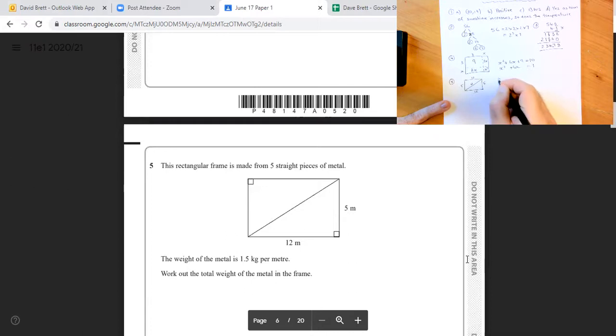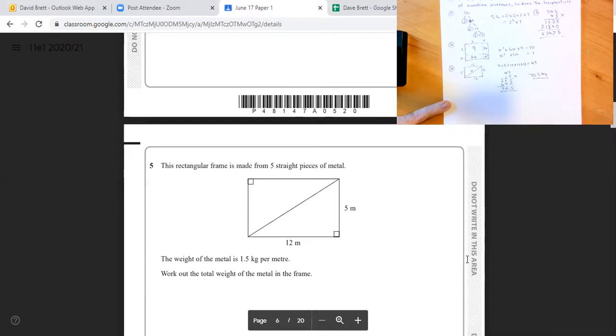So if I add them up, 5 plus 5 plus 12 plus 12 plus 13 equals 47. 47 multiplied by 1.5 is 70.5 kilograms, is my answer.